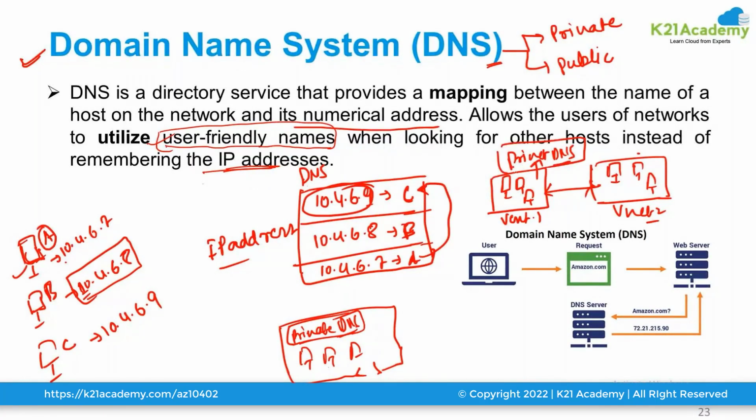And the same thing goes with public DNS. Here I am just talking about a private network. If you apply the same thing to the bigger picture, it will be called public DNS, right? So when I say I want to connect to 8.8.8.8, nobody knows what 8.8.8.8 is, right? But this is basically the Google DNS server, right?